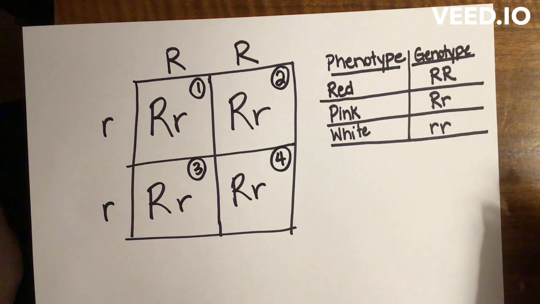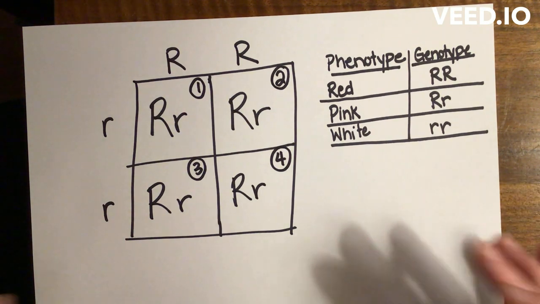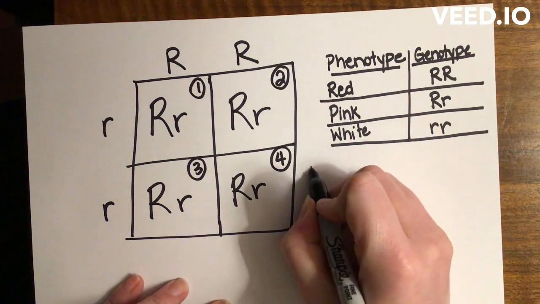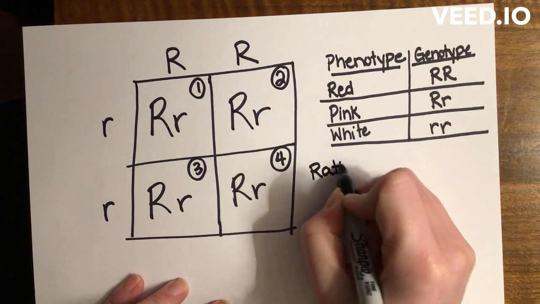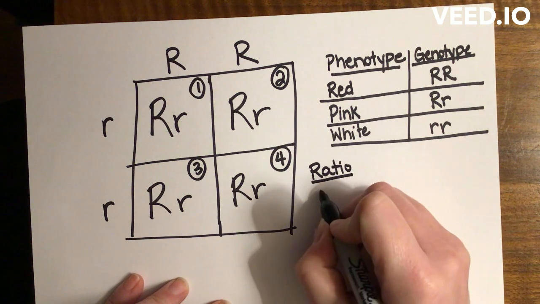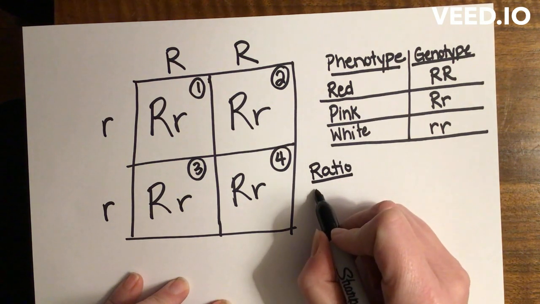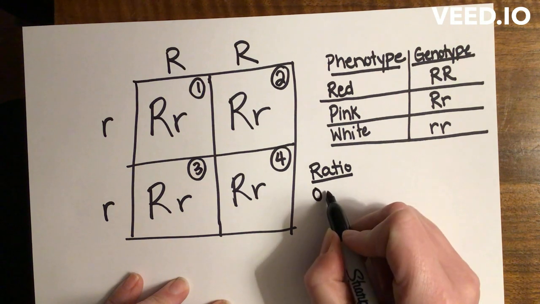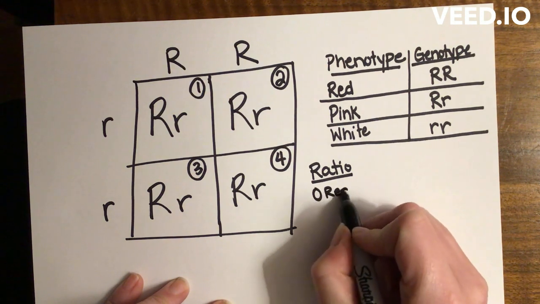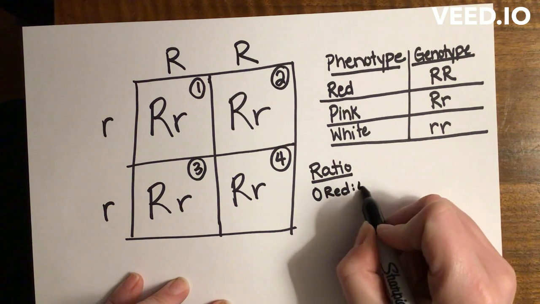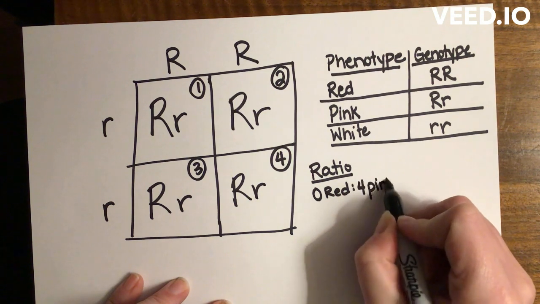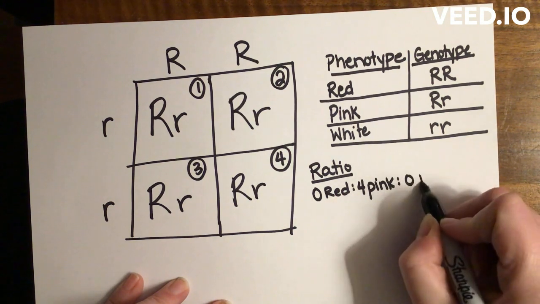So if I was going to write this as ratios and percentages, I would say that I have 0 red, 4 pink, and 0 white.